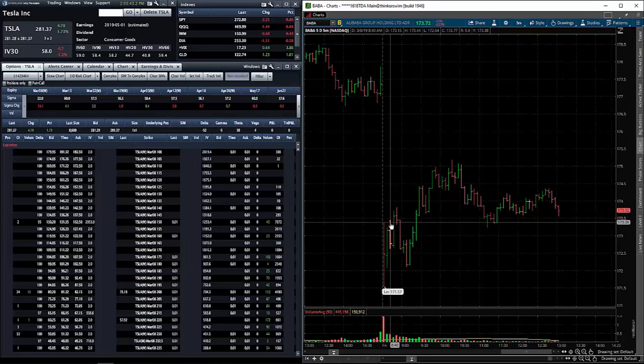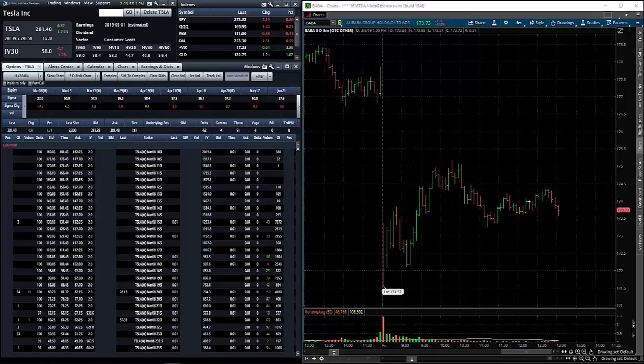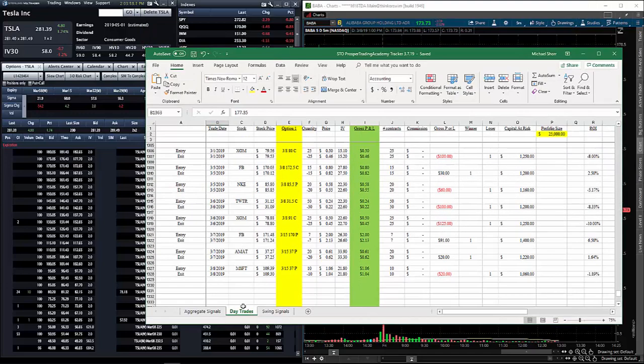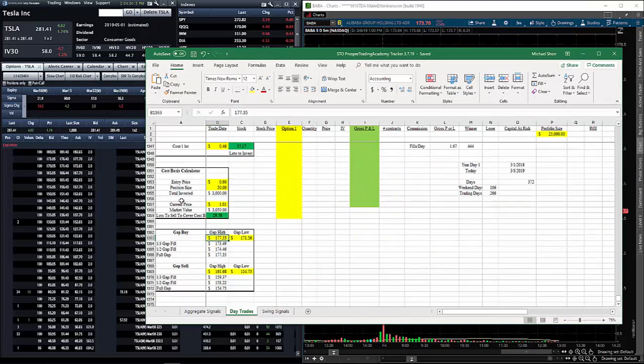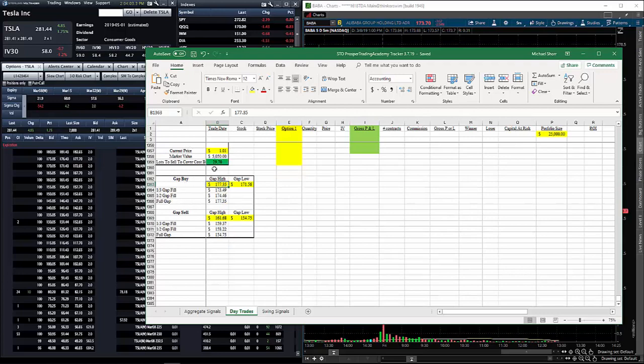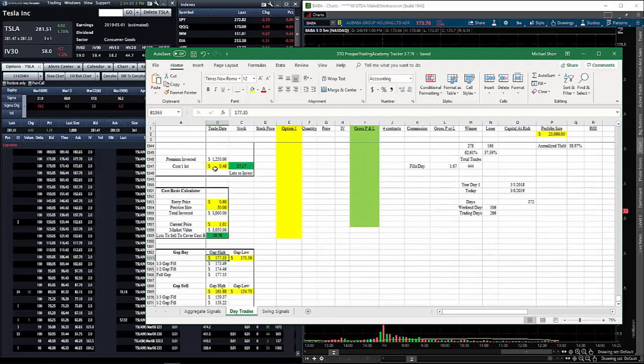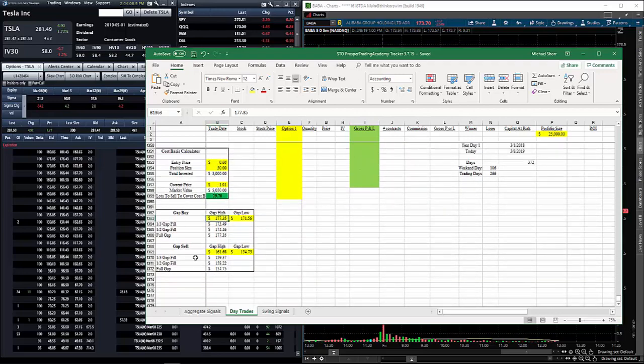Then you have to concern yourself with, okay, what am I trying to do with this? We're going to come up with target prices, and we're going to come up with a stop. Let me get the tracker in here, and it'll be in your day trades tracker. Down here on the left-hand side towards the bottom, you're going to see a calculator, the gap buy.